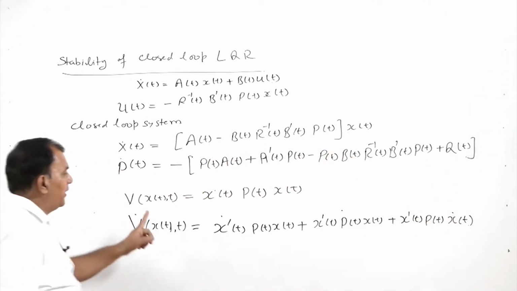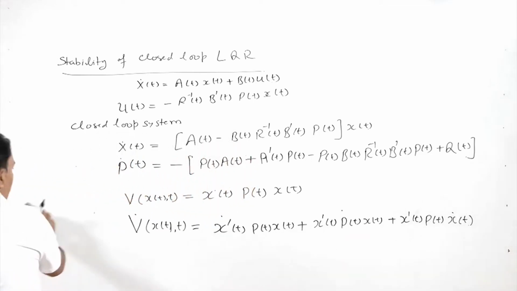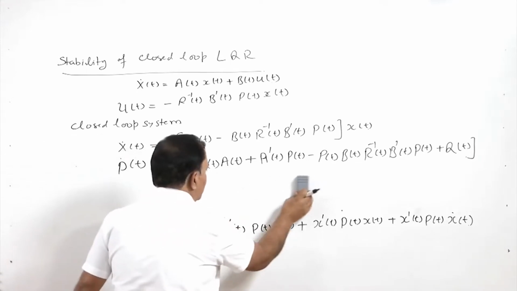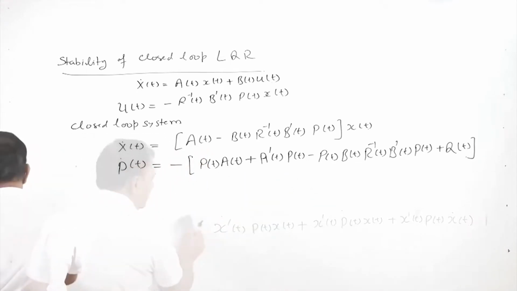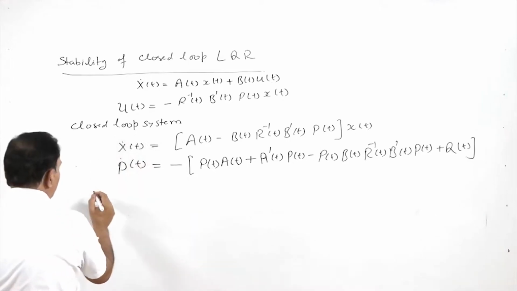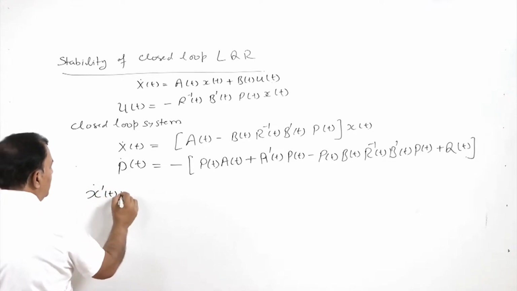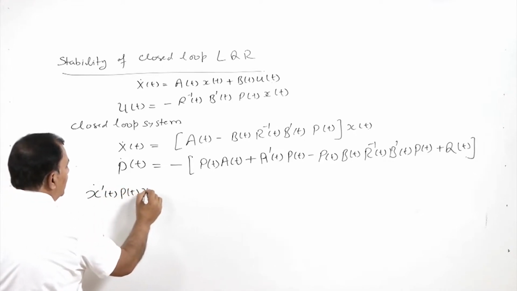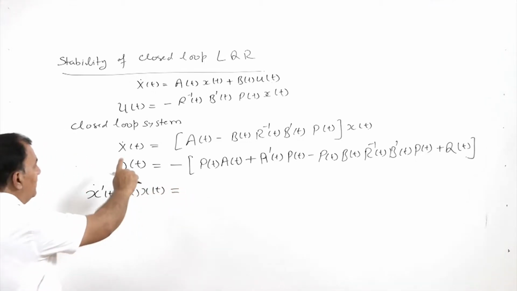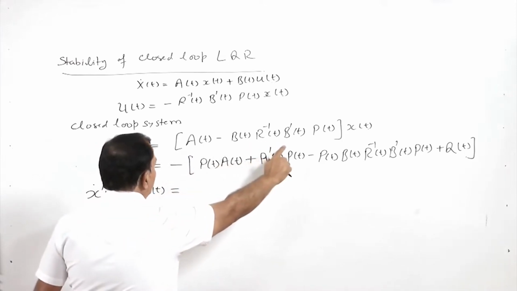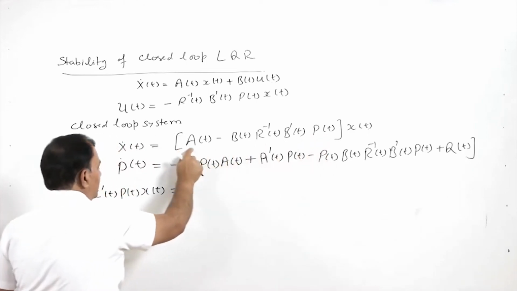So, x dot and P dot I will place in this equation. If I place this, individually we will find the 3 terms. My 3 terms are: x dot prime P(t) x(t) will be what? Means I am taking the transpose of this matrix.